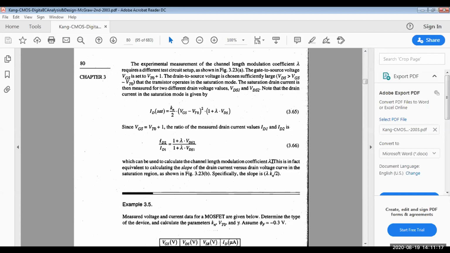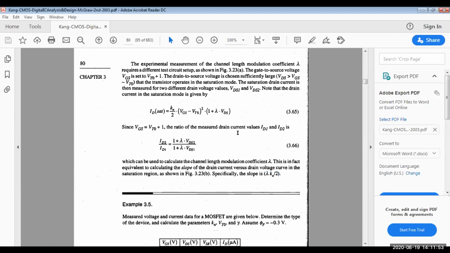As you can see written here, this is in fact equivalent to calculating the slope of the drain current versus drain voltage curve in the saturation region. Specifically, the slope is lambda kn by 2. That means when we get the ID versus VDS curve, the slope in the saturation region is actually lambda kn by 2.